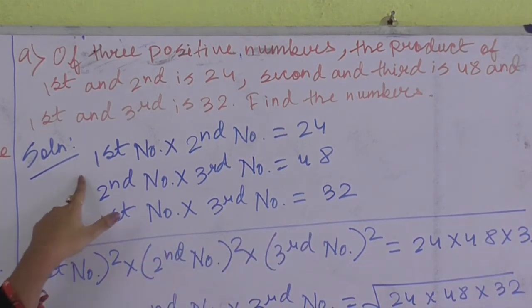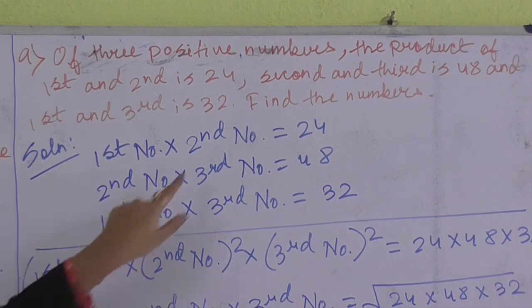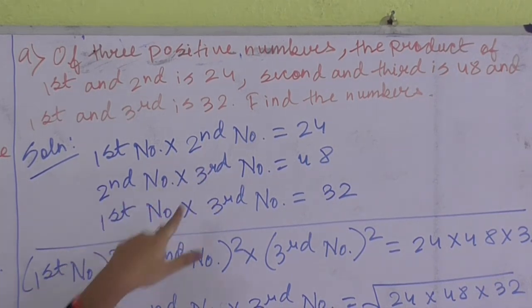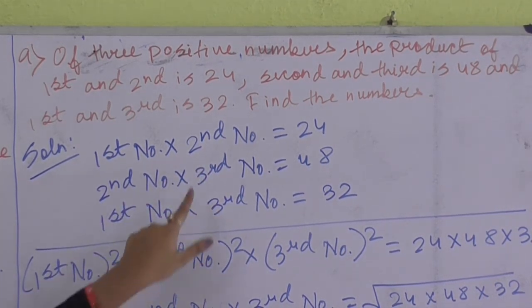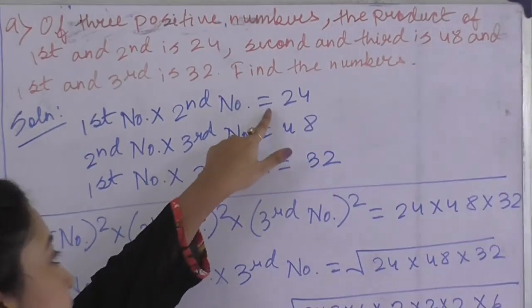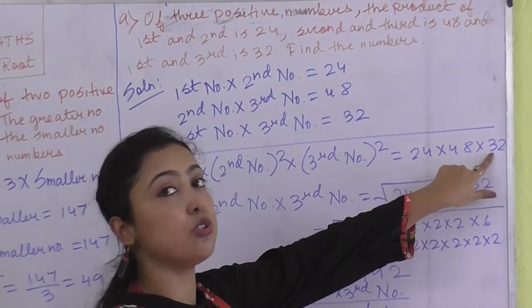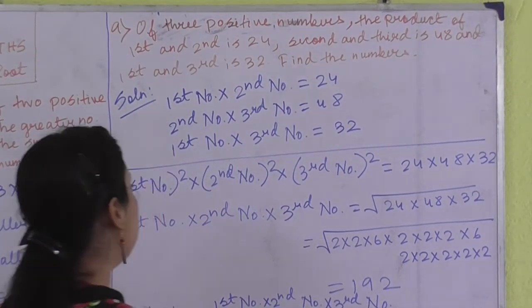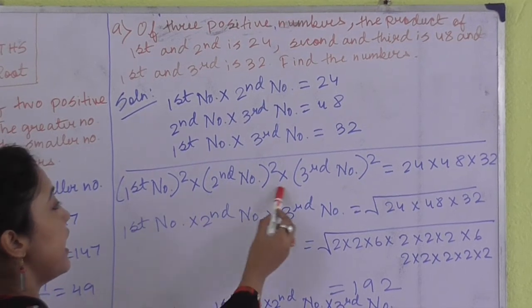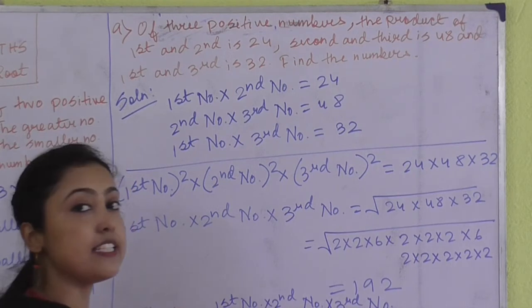Here we take the product of first and first, which is the first number square. The product of second and second is the second number square. The product of third and third is the third number square. Next we take the product of all these three, that is 24 into 48 into 32. Now here you can see that we have a square form, so this square will shift to the right hand side as a square root.